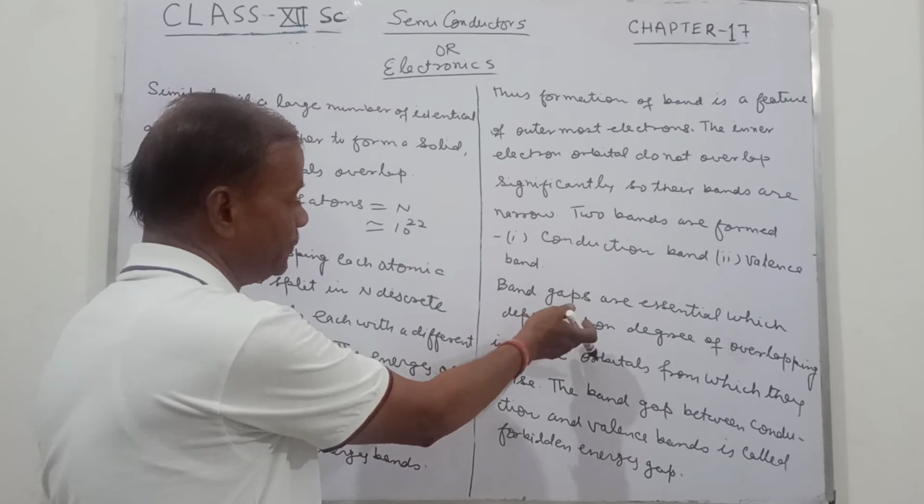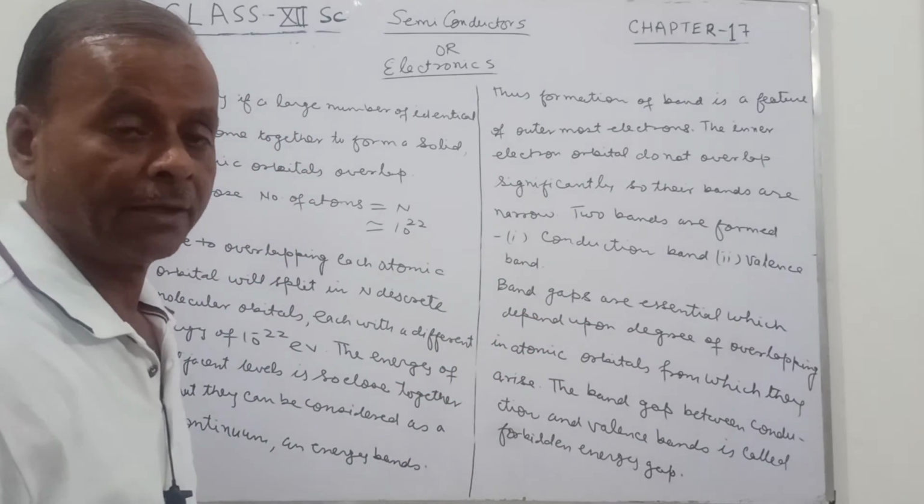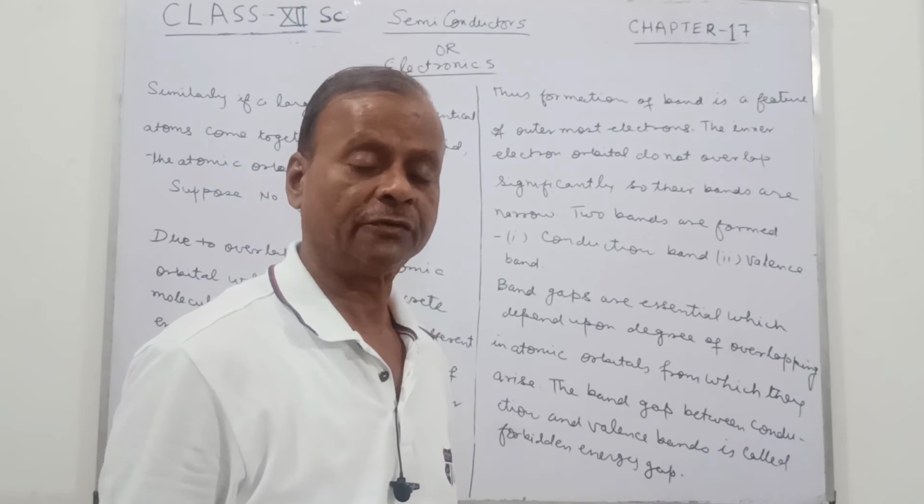So the gap between the two depends upon the degree of overlapping in atomic orbitals. It depends upon the nature of the crystal.